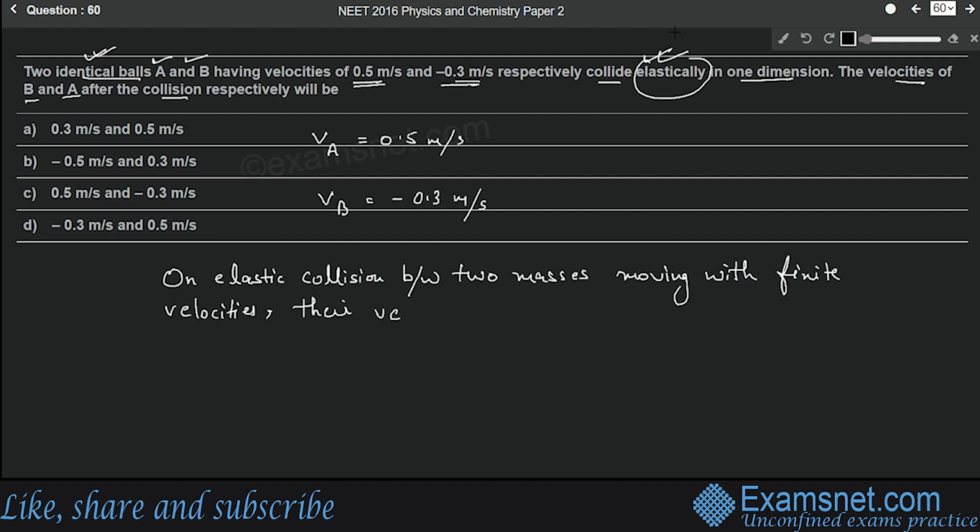This is the most important thing. Their velocities will get exchanged and they will travel in the opposite direction from what they were initially.